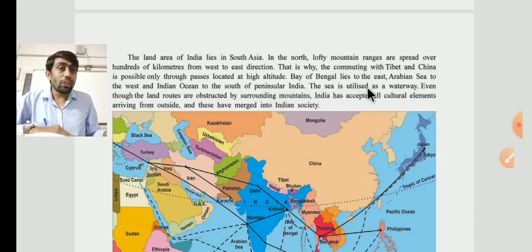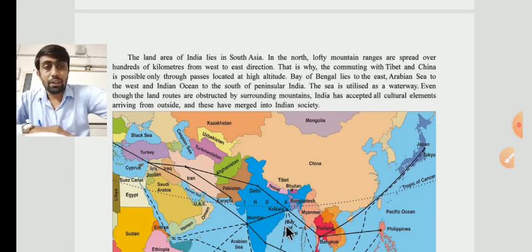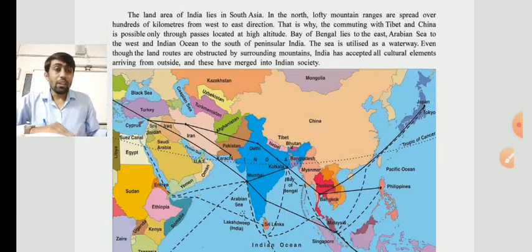The sea is utilized as a waterway, and this part we are using for transportation purposes as a sea route. Here the Bay of Bengal is there, here the Indian Ocean, and here the Arabian Sea, and that's why we are getting much more benefit.